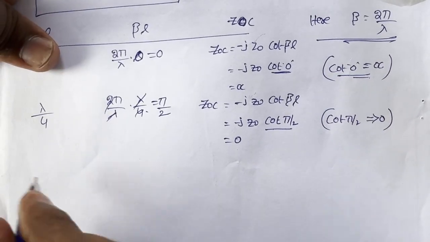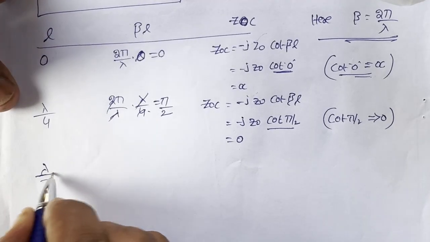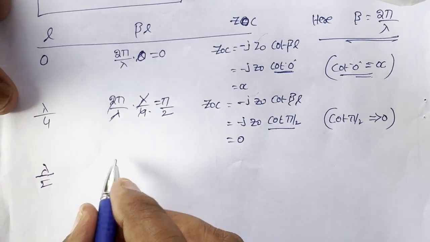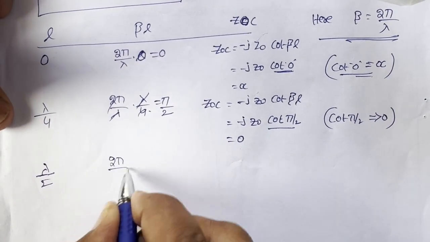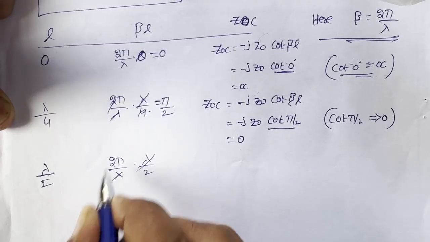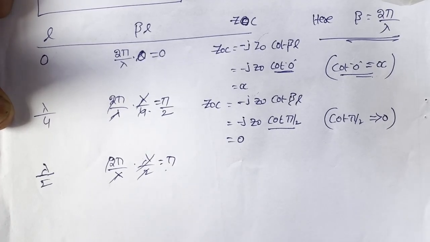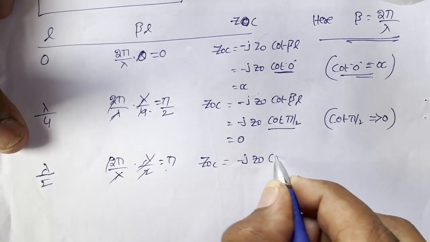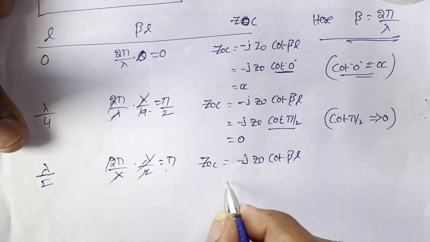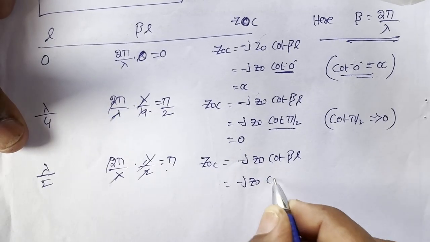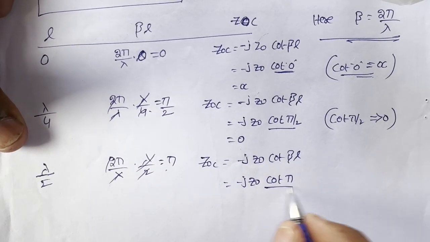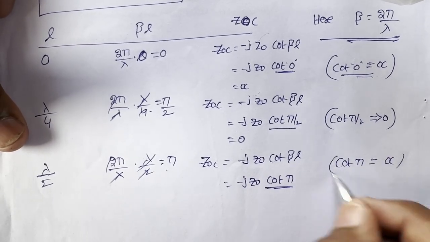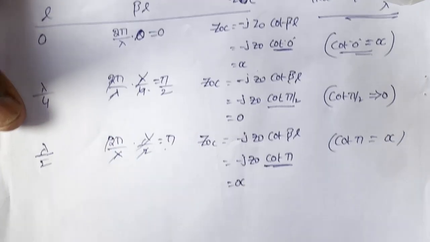Next, when L is equal to lambda by 2, beta L is 2 pi by lambda into lambda by 2, which is pi. ZOC equals minus j Z0 cot beta L, that is minus j Z0 cot pi. Here cot pi is infinity, so ZOC is infinity.